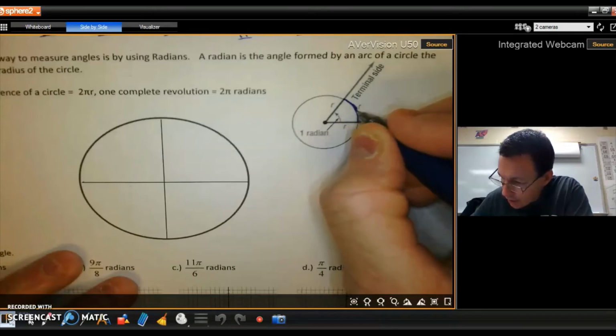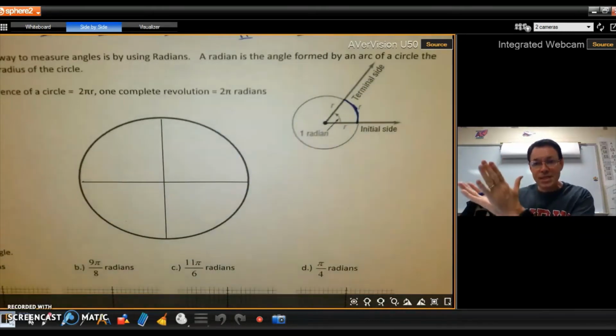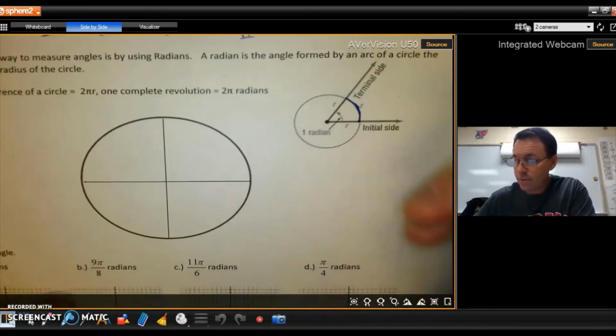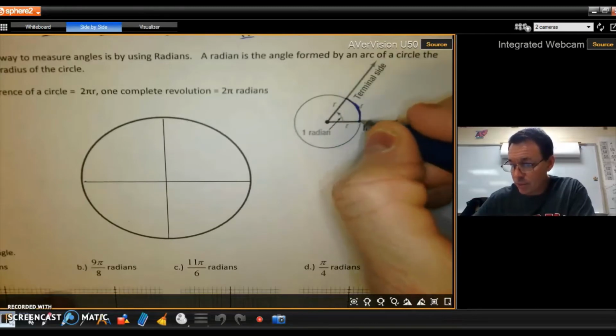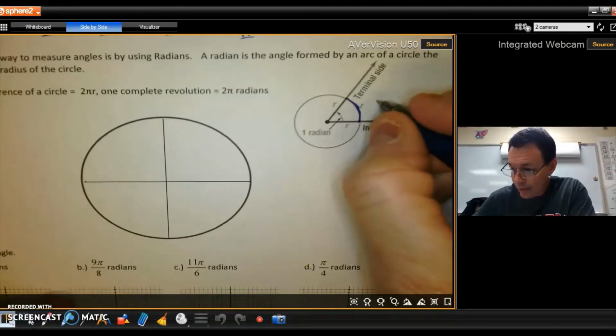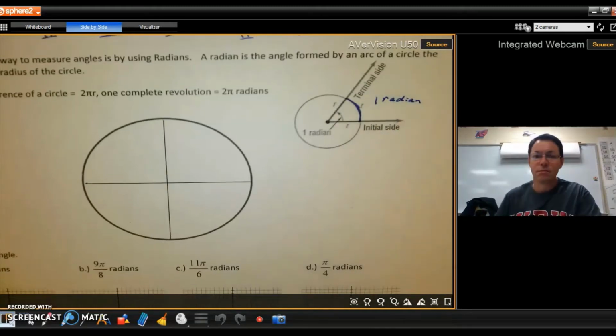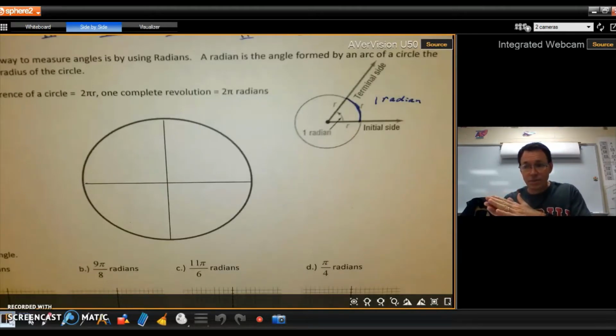And they're going to say, okay, this little piece of the pie that we just cut, using the radius of a circle as our unit of measurement, we are going to call that 1 radian. That is a radian. Okay, so instead of being a degree, which is a very, very tiny sliver of our circle, we have this bigger unit, and it's called a radian. And that's it. Okay, that's what it is.